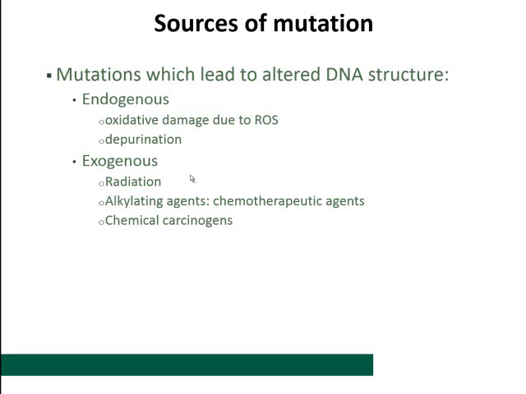There are some that come from the outside. These are exogenous, and radiation is an example. Alkylating agents such as chemotherapeutic agents, or chemical carcinogens, again we discuss either carcinogens or pro-carcinogens.